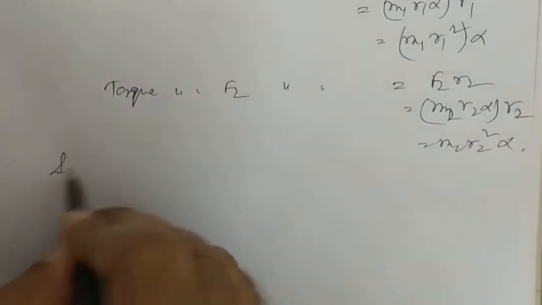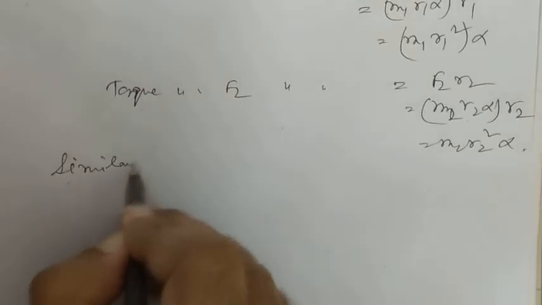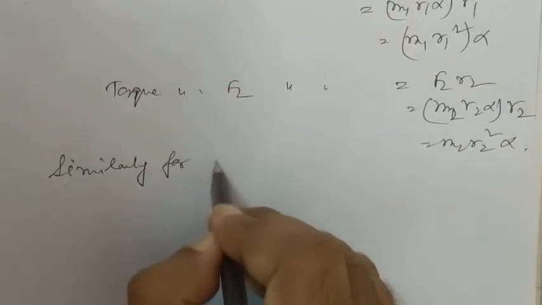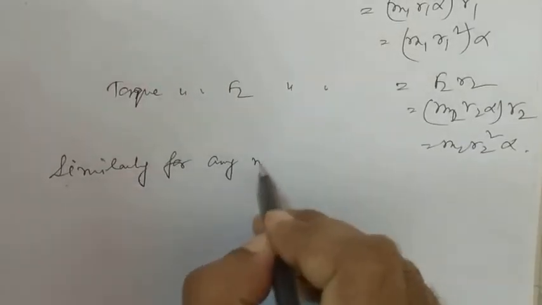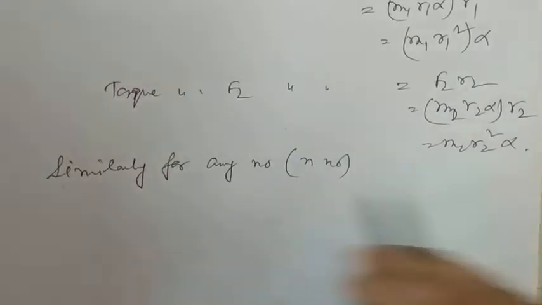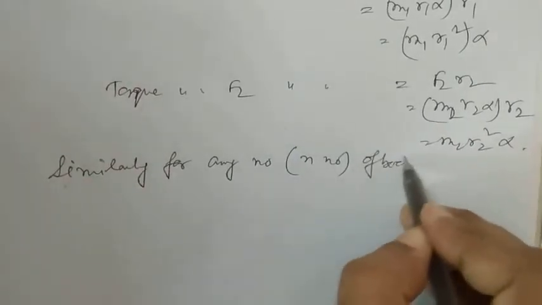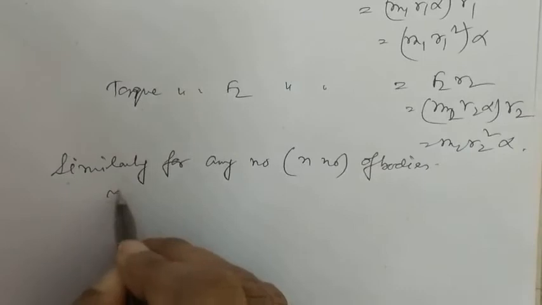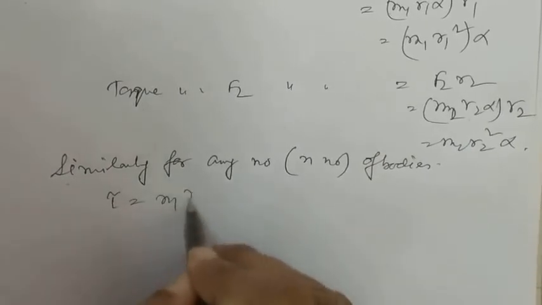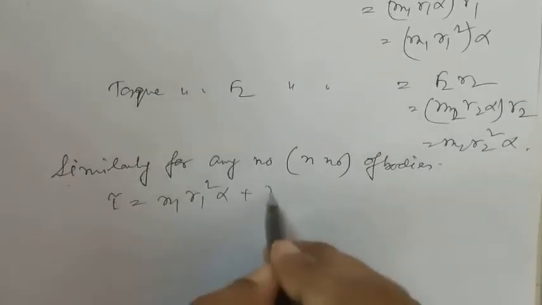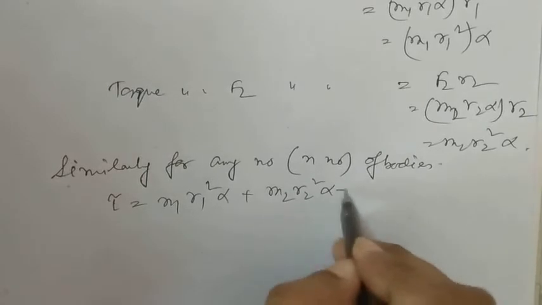So similarly, for any n number of bodies, we can write the torque to be M1 R1 square alpha plus M2 R2 square alpha plus so on.